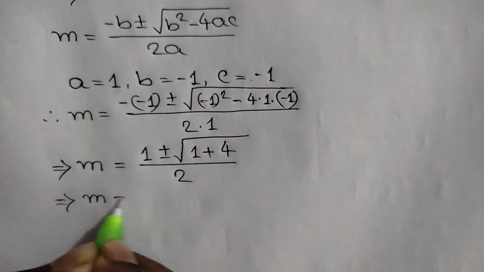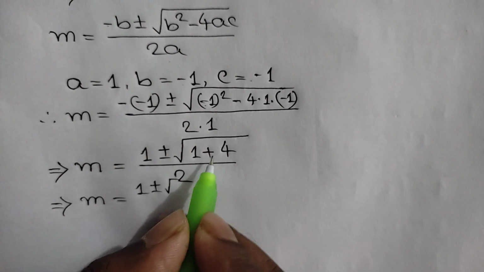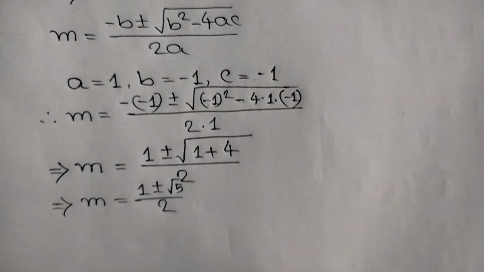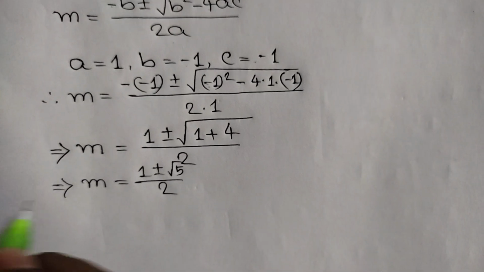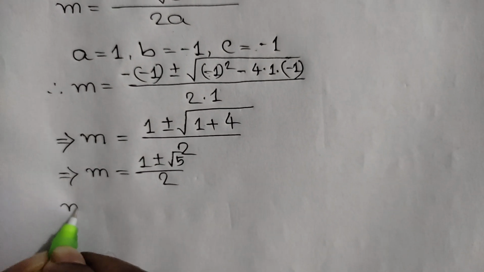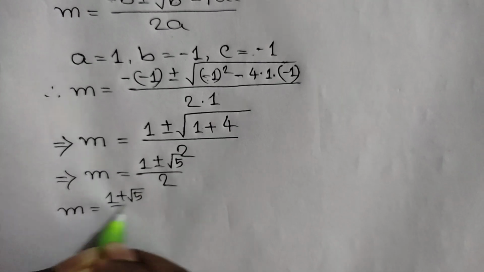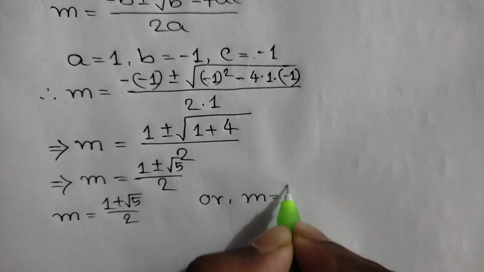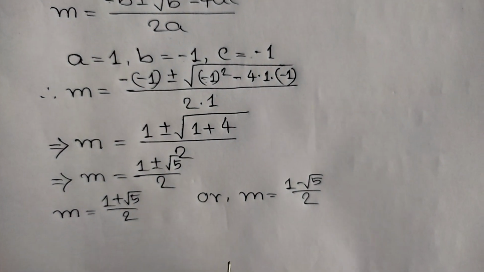So m is equal to 1 plus or minus square root of 1 plus 4, that means 5, over 2. Now see, here are two equations. So m is equal to 1 plus square root of 5 over 2, or m is equal to 1 minus square root of 5 over 2.